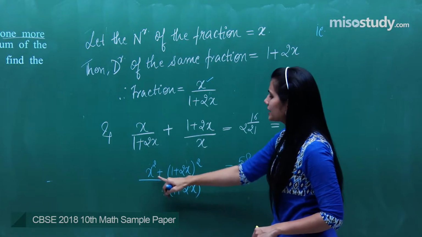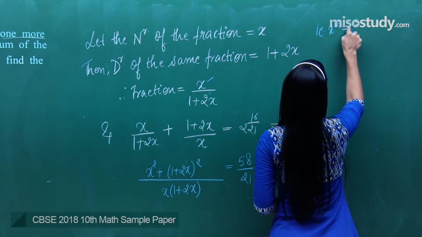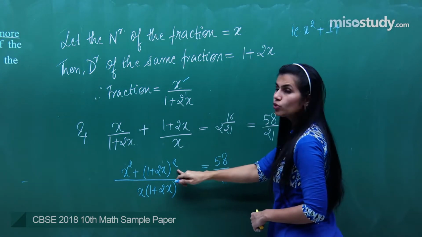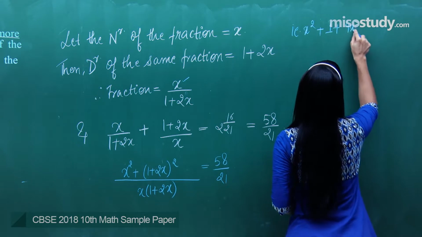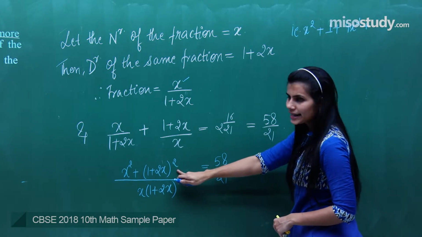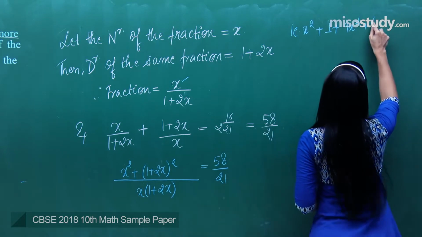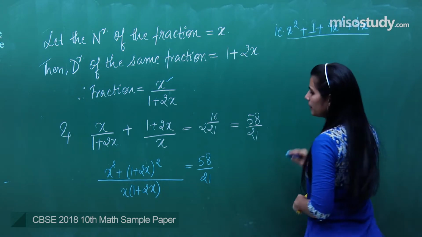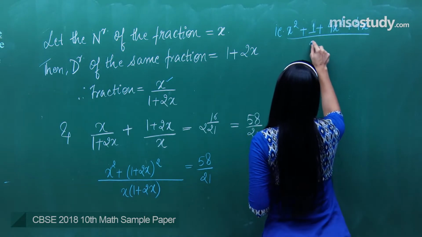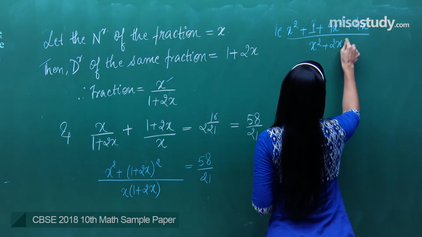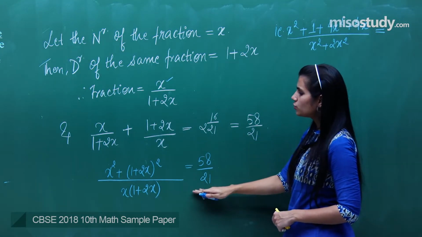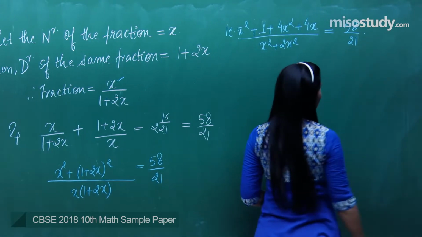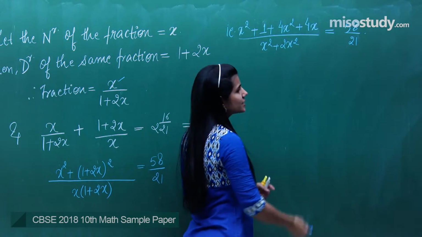Over here you have x square plus 1 square, which is 1, plus 2x whole square, which is 4x square, plus twice of 2x into 1, which makes it 4x. This thing whole upon x plus 2x square. This is equal to what? 58 upon 21.